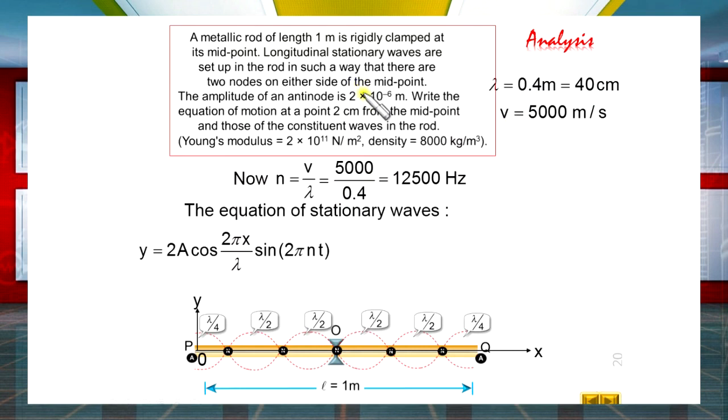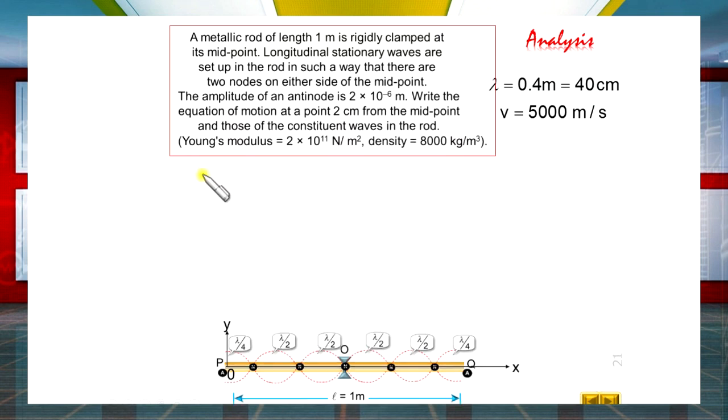Here it is given the amplitude of the antinode is 2 into 10 to the power minus 6. That means this amplitude is 2a for this stationary wave. So 2a should be equal to 2 into 10 to the power minus 6 meter. So this equation will be like this. Let us write this equation on the next page here.